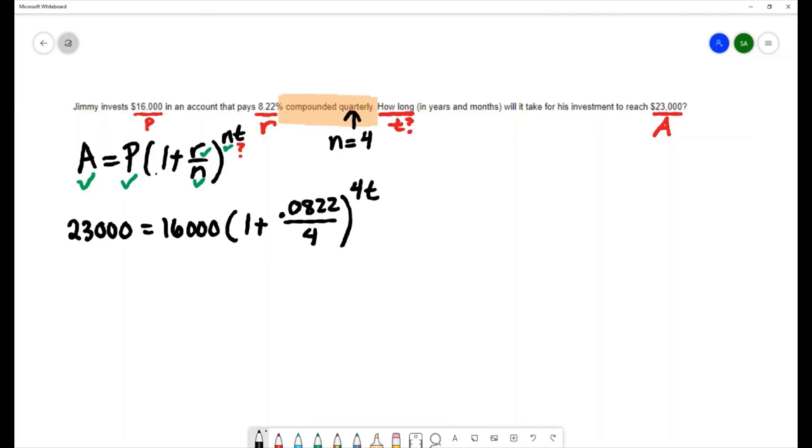So now I have an equation. This is an exponential equation because the variable is in the exponent. I'm going to solve this with some exponential techniques. With those techniques, I want to isolate what the exponent is attached to. So that means I'm going to divide both sides by 16,000.